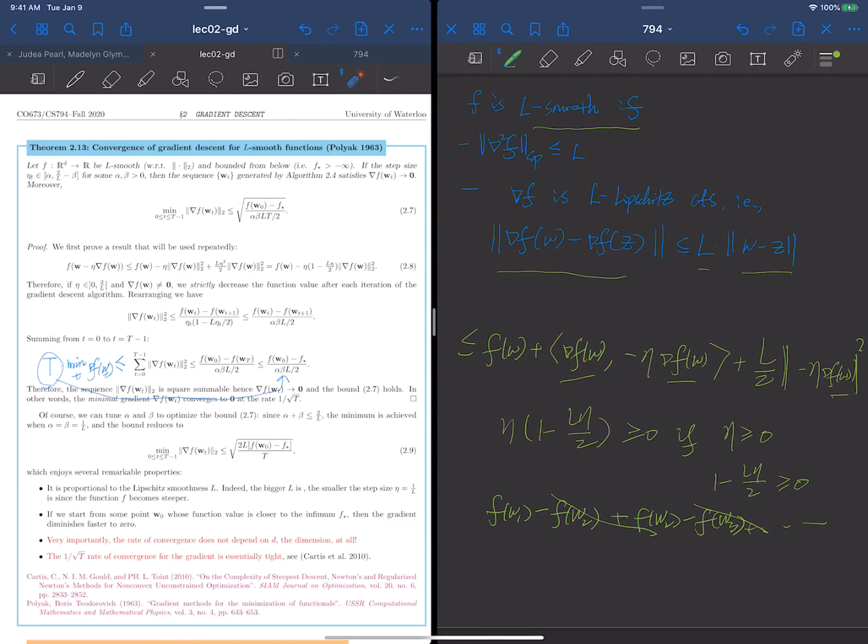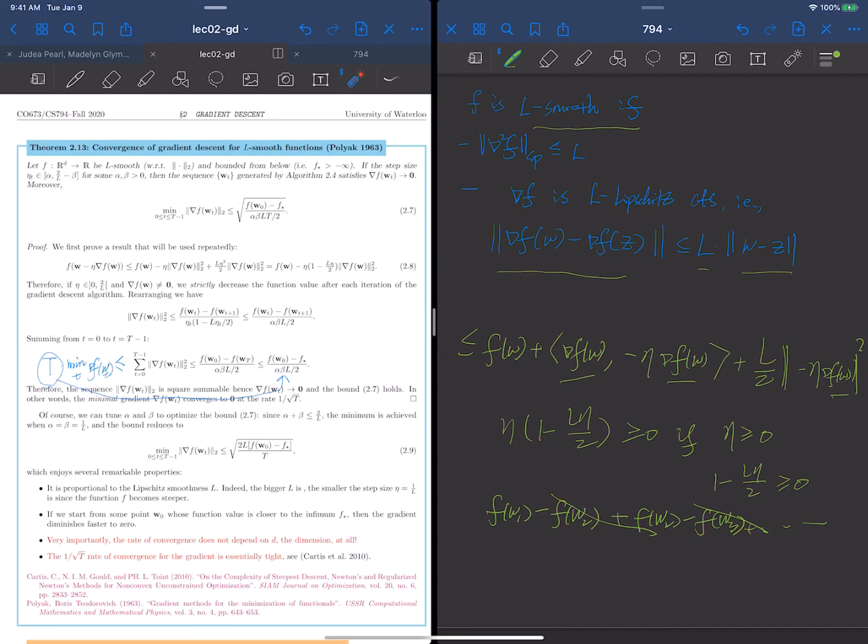Okay? And you can also optimize the bound. Right? How do you choose alpha and beta? You choose alpha and beta to minimize this bound. In fact, the optimal choice is alpha and beta equal to 1 over L, and the bound has this form. Okay, and this bound makes a lot of sense because first, if you look at the dependence on the L smoothness constant L, if you have a function where L is bigger, what does that mean?